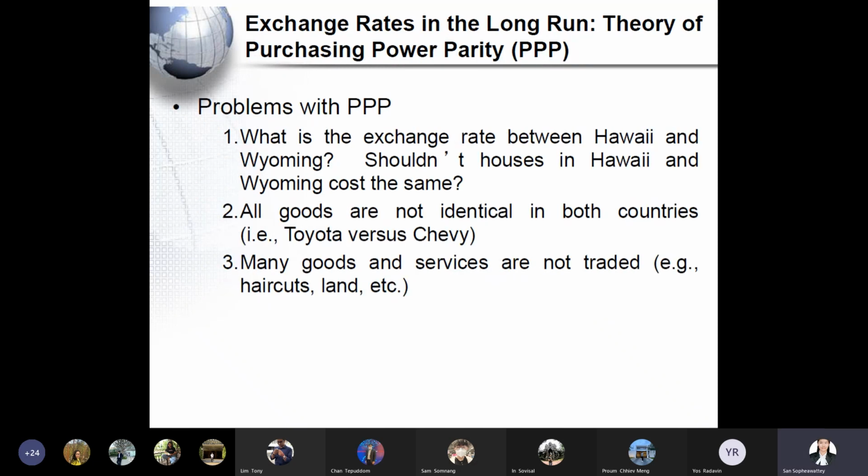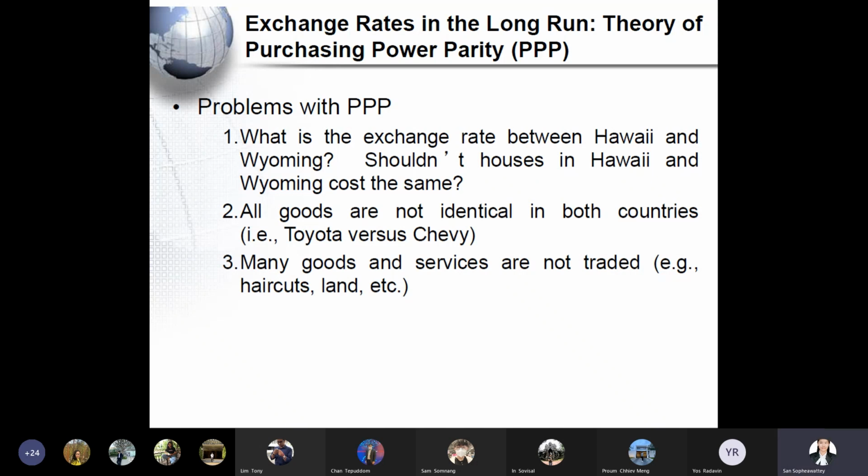There are some problems with purchasing power parity. The question here is, what is the exchange rate between Hawaii and Wyoming, which are states in the United States? Shouldn't a house in Hawaii and Wyoming cost the same? The second problem is that goods are not identical in both countries.